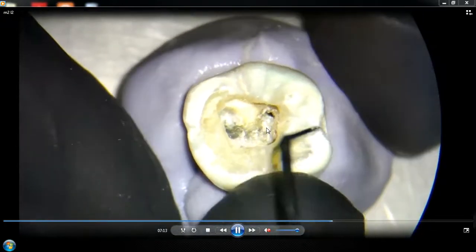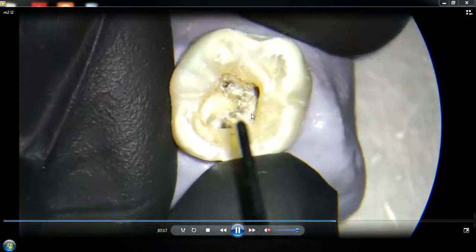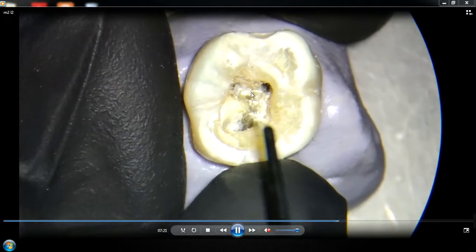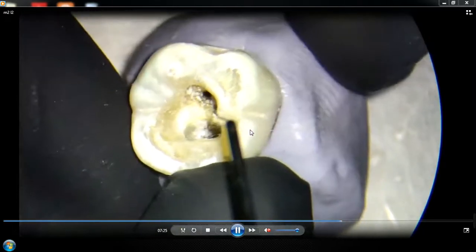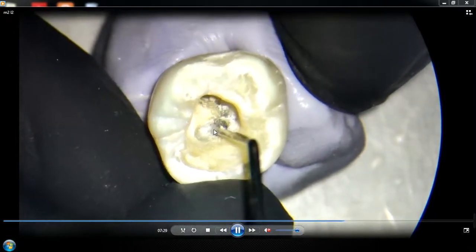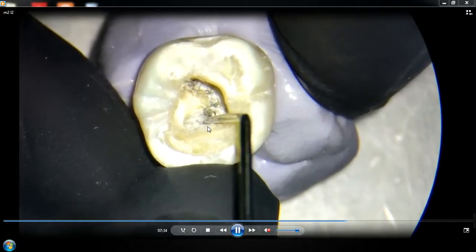But what happened is I could feel that the distal canal was not in a straight line with the anatomy. I could apply Kastner's law. It is not in between, it is somewhere offset. So I tried to dig in and I could find there was another canal here. You can see another orifice is available.